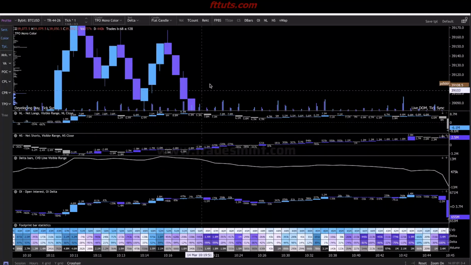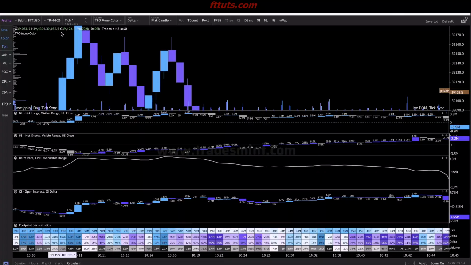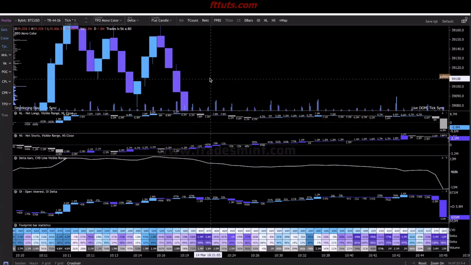As we come up to these highs in general, we put in our high with a massive spike in volume. Delta is almost at 100%, about 99%. And then look at this, we have 2.1 million volume, super high positive delta with the bearish divergence. And then boom, we come down and we trap those traders.